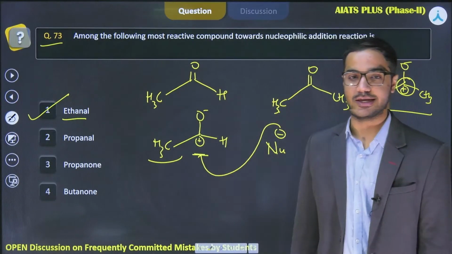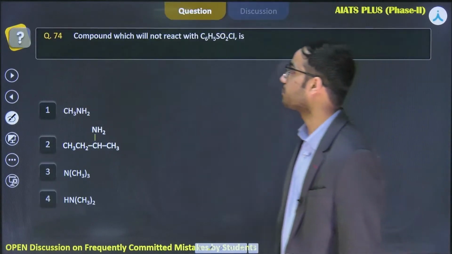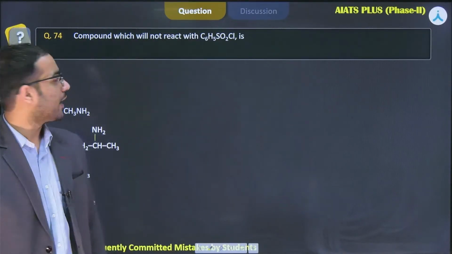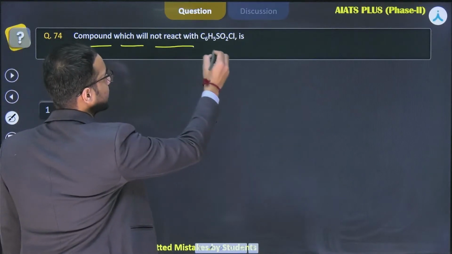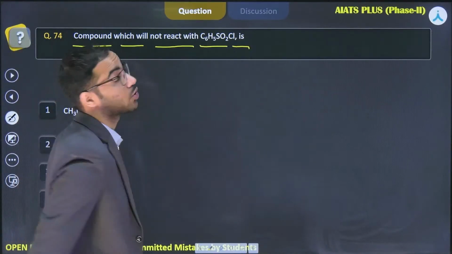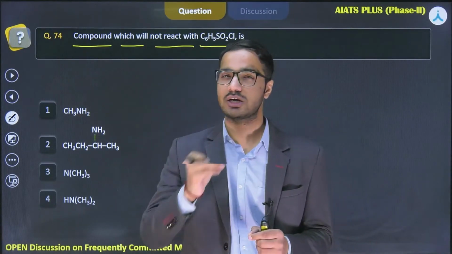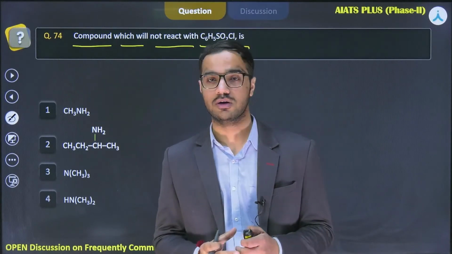Okay, let's get to the next question of this paper. We have question number 74, and it asks which compound will not react with benzene sulfonyl chloride. This is a very important reaction in the complete chapter of amines. These are very, very important equations.